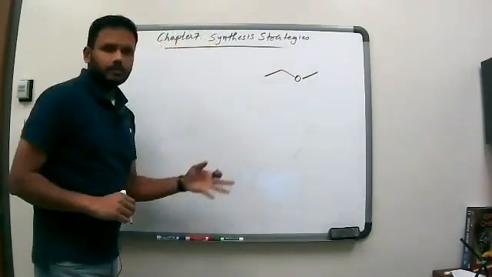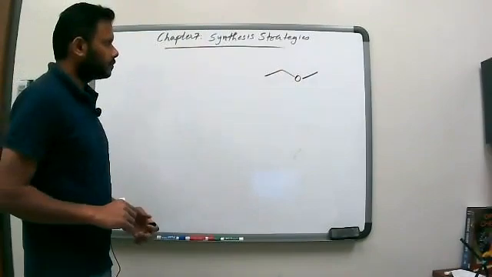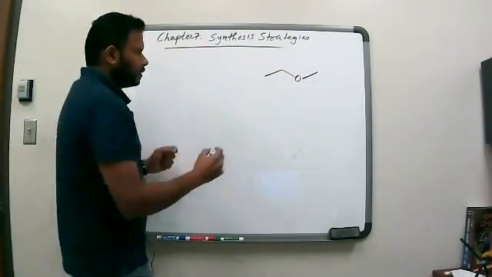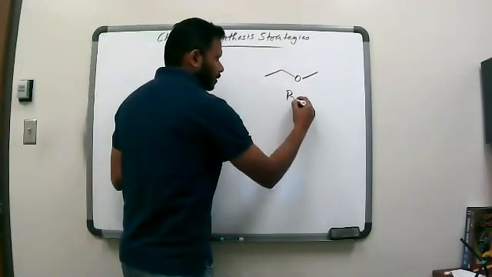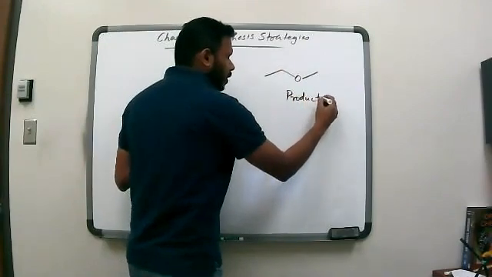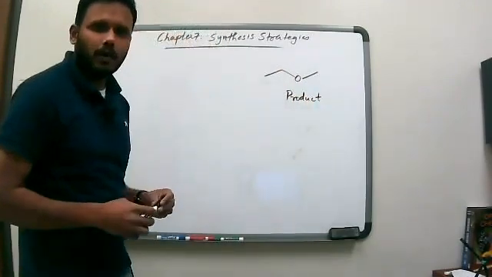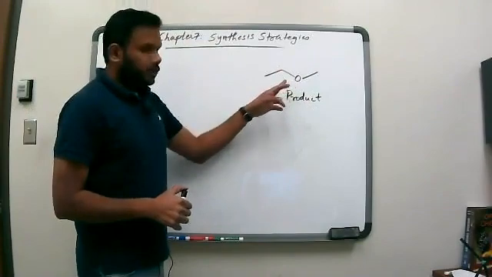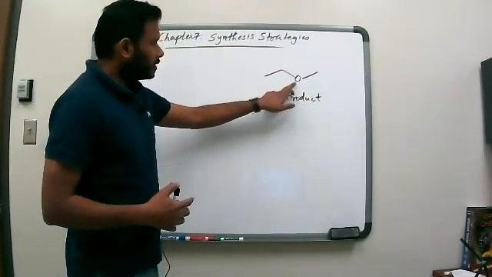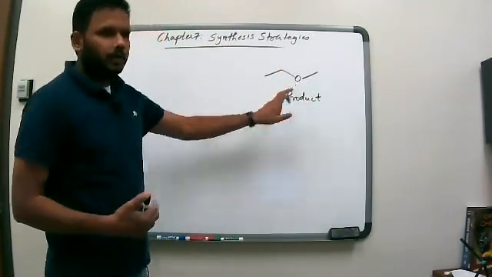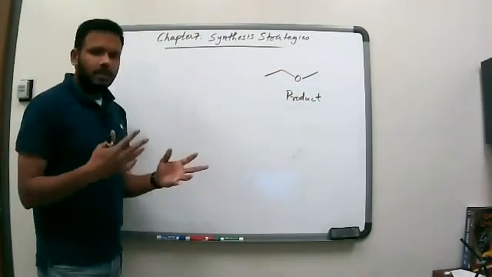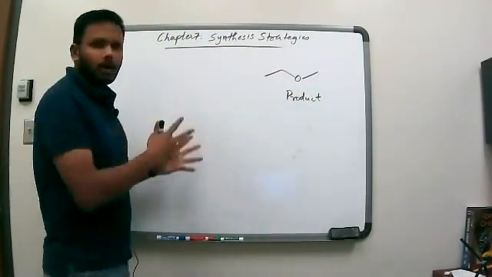Let's say that compound here, okay? And this is a product. So we want this compound as a product. Now, in terms of functional groups, this is an ether molecule, but at this point, it really doesn't tell us a lot about how to make this.